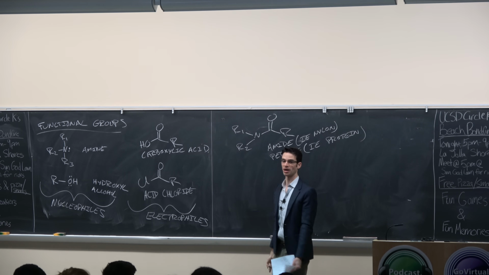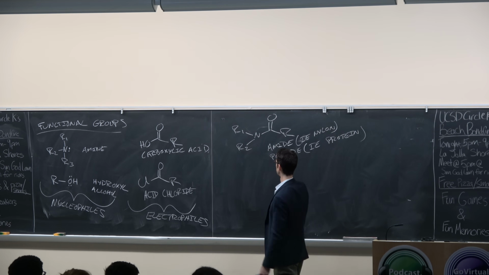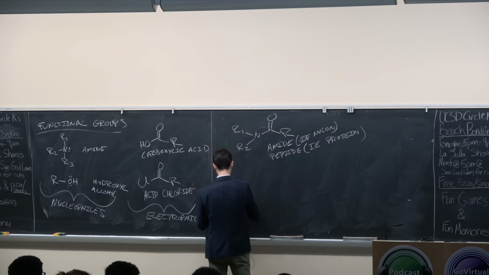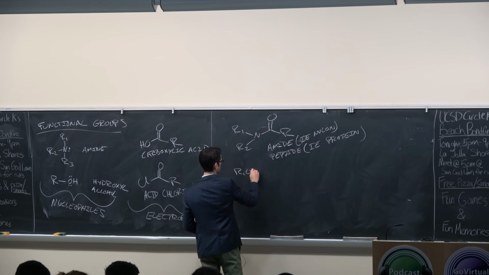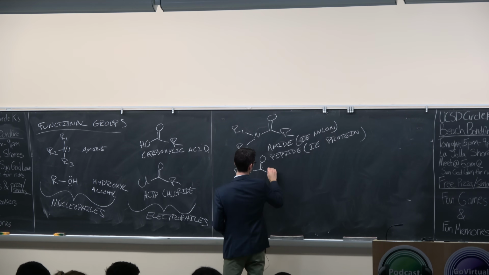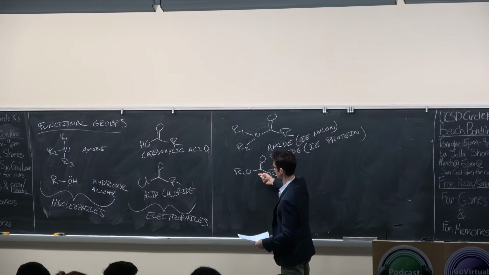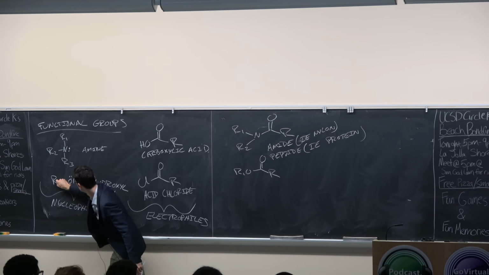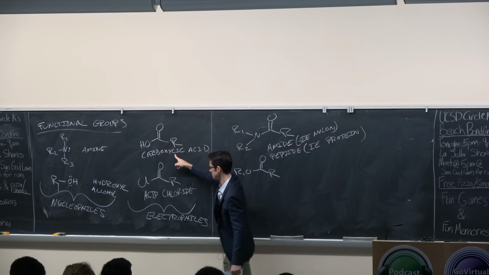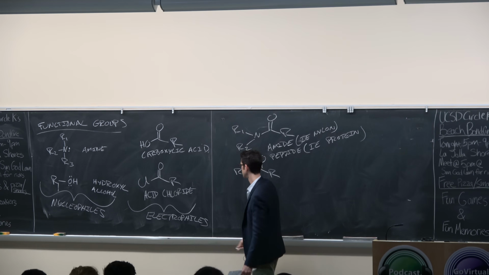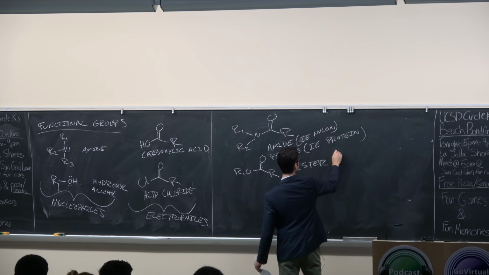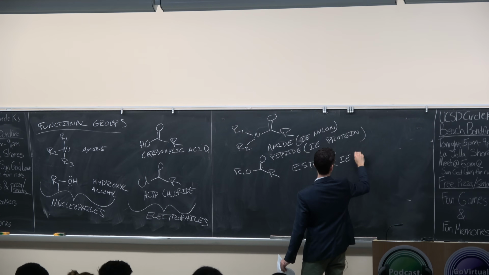Peptide is just the biochemist's word for amide. Or you can get something like this if you're adding a hydroxyl to a carboxylic acid or an acid chloride under the right conditions. You get something called an ester, as in polyester.